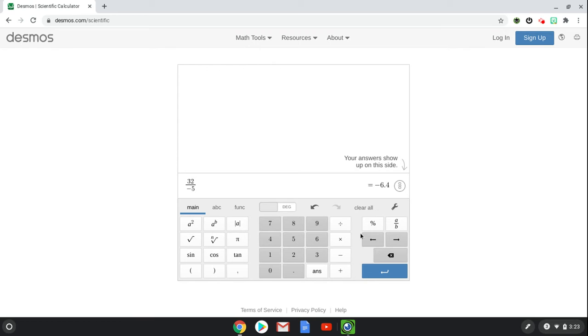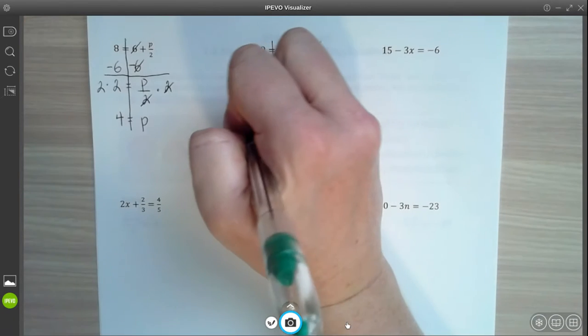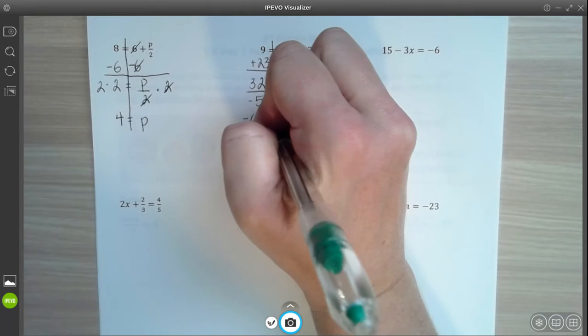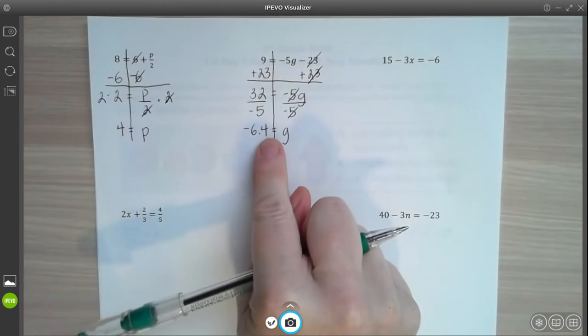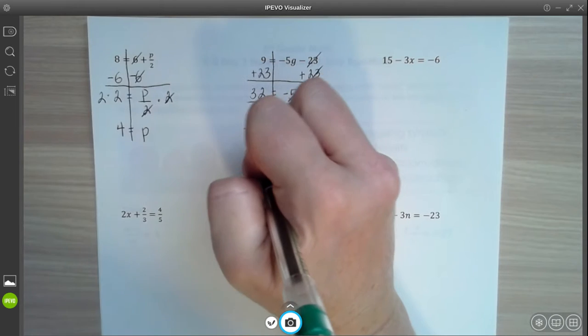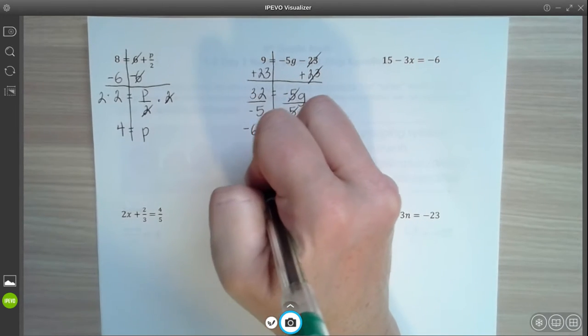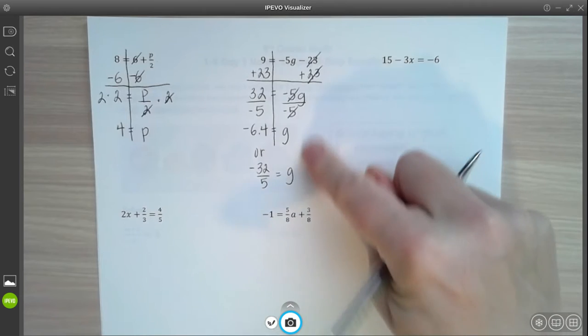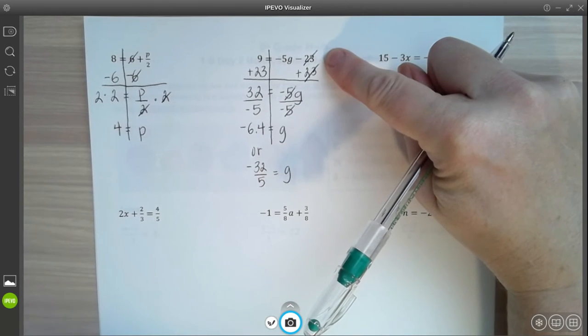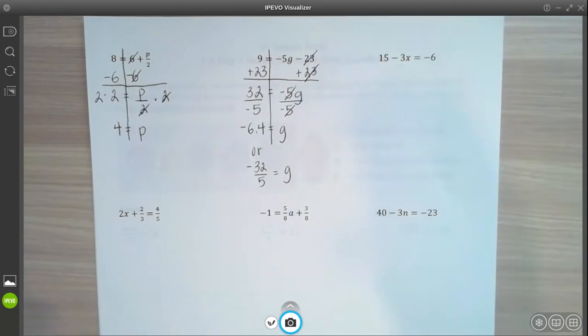So I'm just going to write this one as a decimal. So this is negative 6.4 equals g. Okay, and it would be okay to write this as negative 32 over 5 equals g. Either way is fine since the problem didn't have decimals or fractions in it.